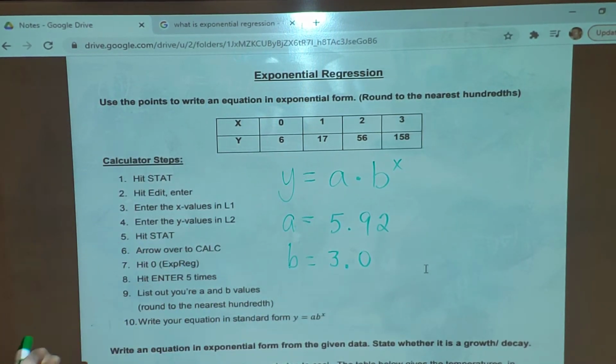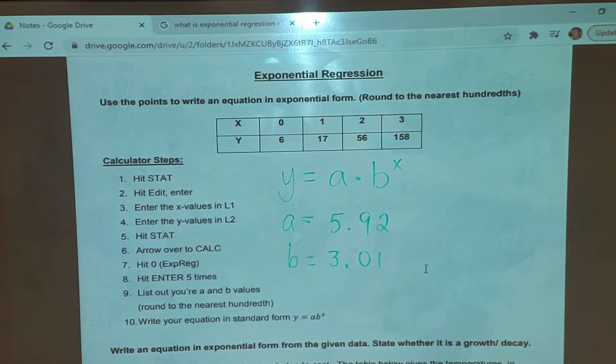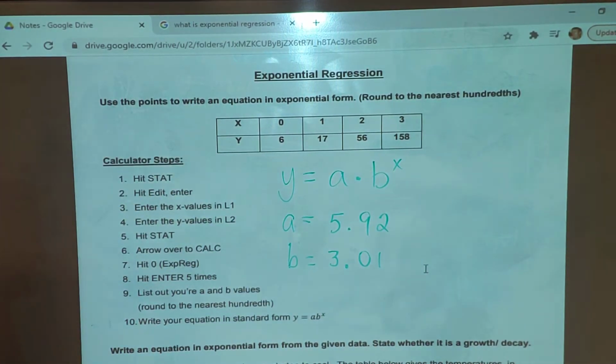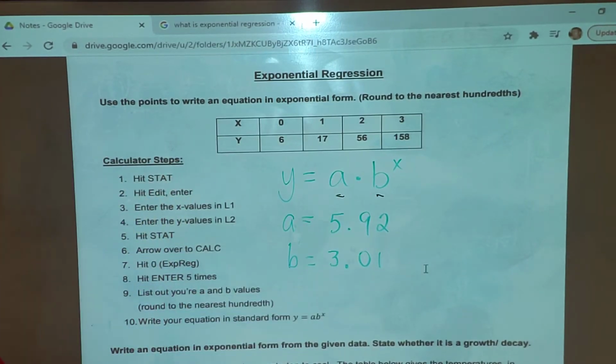Again, since that third number is 5, I'm going to round this 0 up to a 1. Okay, so I have my A value and I have my B value. Now all I need to do is put that back into this equation right here.